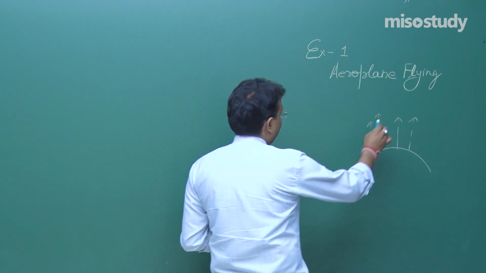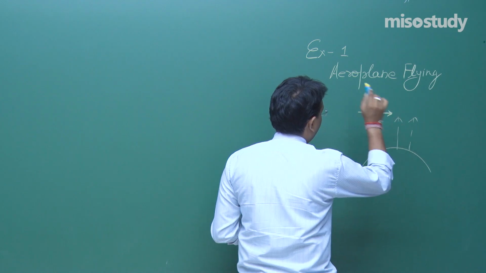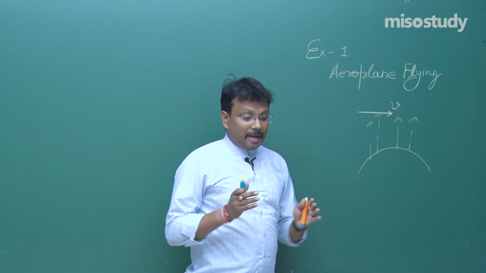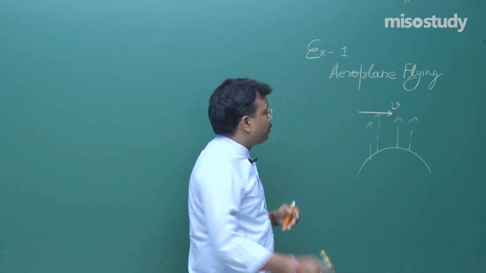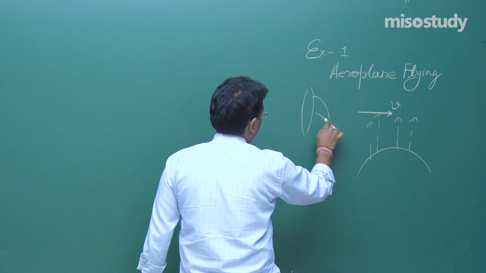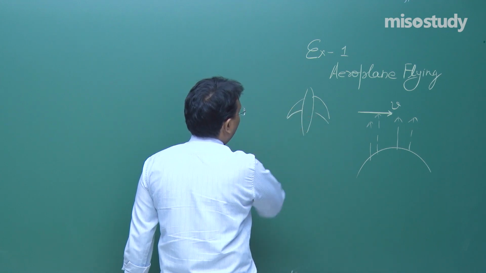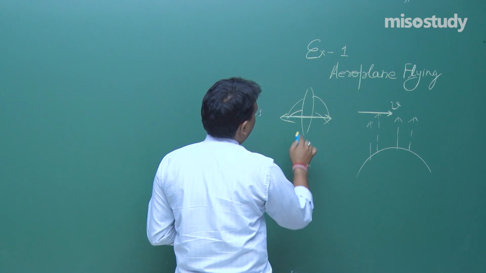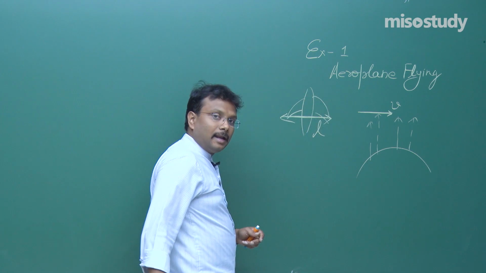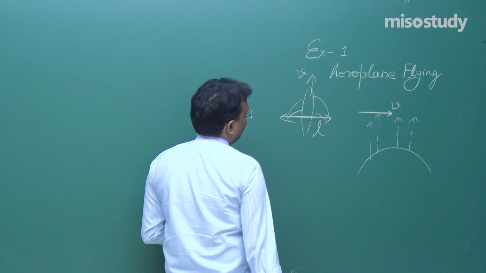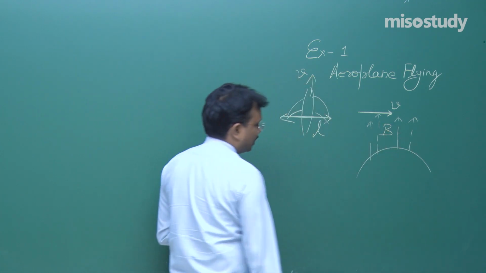Now, if the plane is moving in this direction with velocity v, the look of the plane, if you observe from the top, is like this. It means the wing span, let us say, is a total distance L, and it is moving with velocity v and magnetic field B is present.